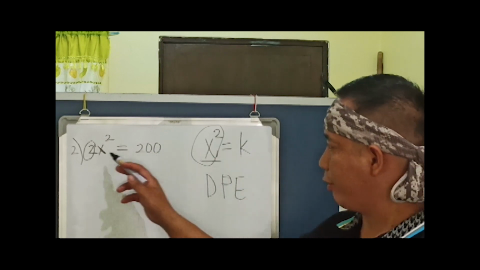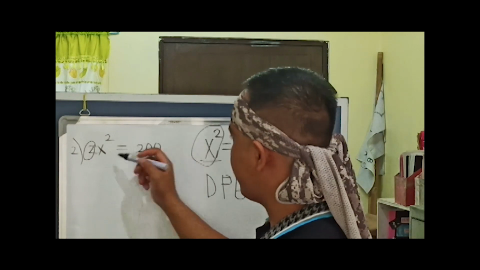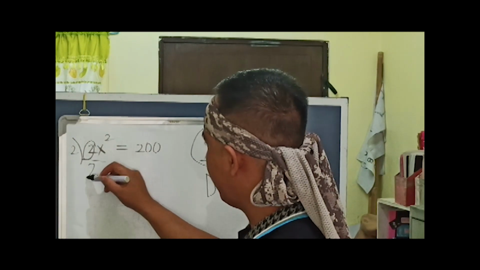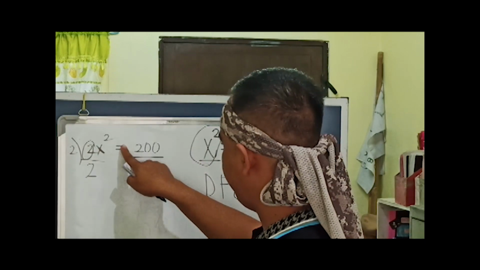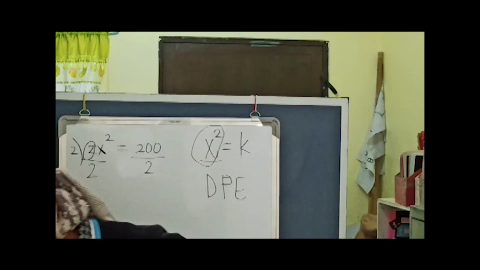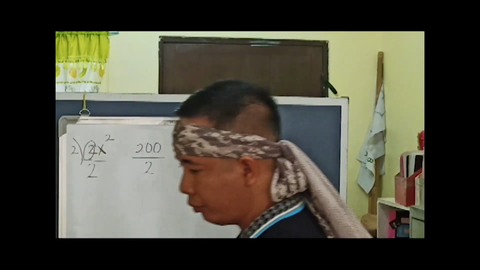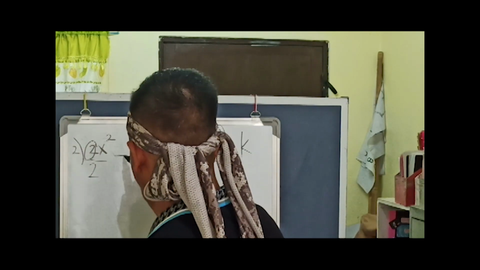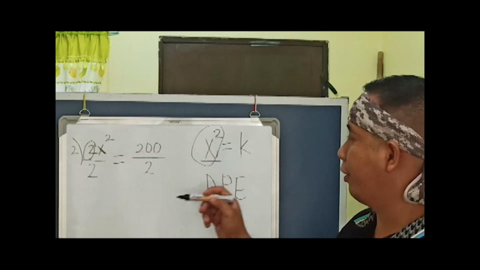Since our problem is we have this 2 which is not a perfect square, we can divide both sides by 2. And then I transfer the equal sign to make it more beautiful.